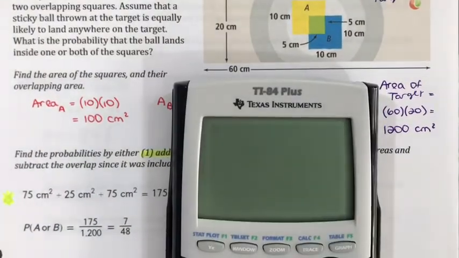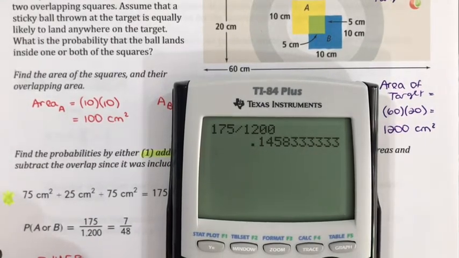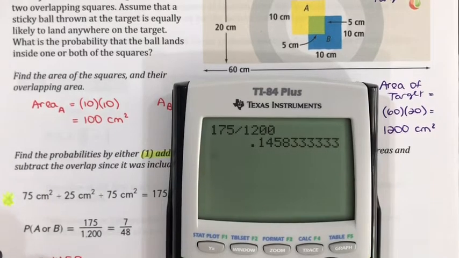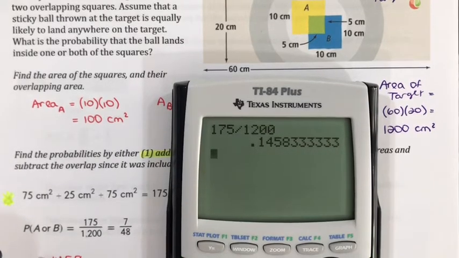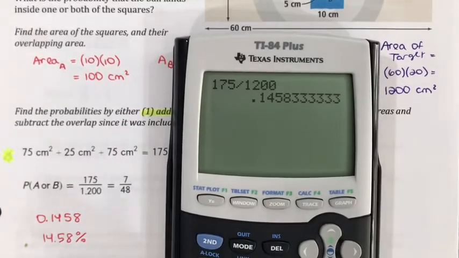Okay, I'll show you guys again how to reduce a fraction. If you had written your final answer as 0.1458 or 14.58%, that would totally be acceptable. I know a lot of the directions in the homework haven't been specifying.